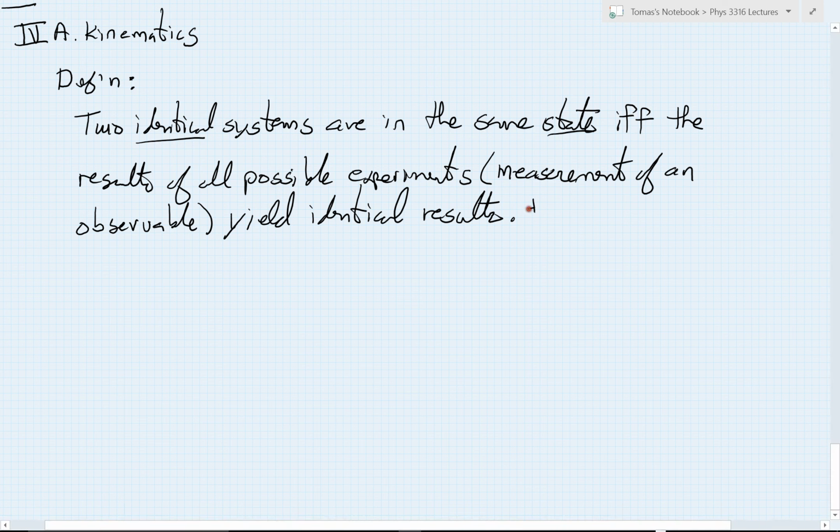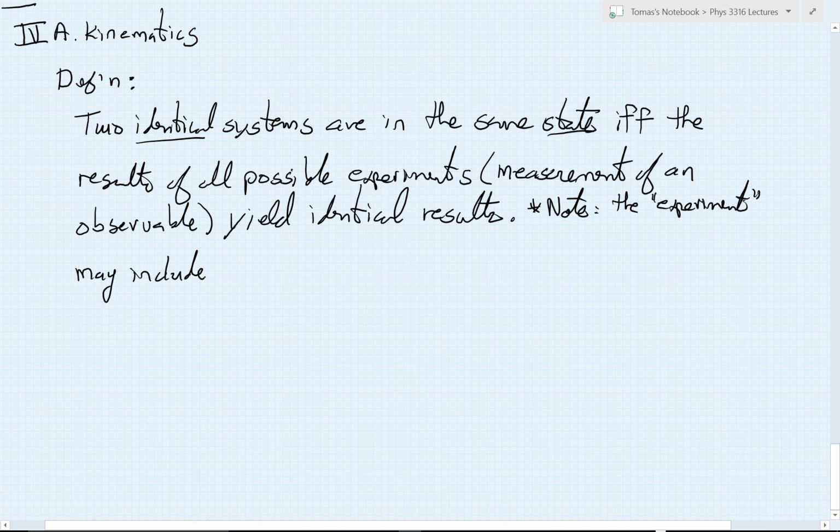Before I get to that, I want to make a note here. I want you to note that the idea of the experiment may include a time delay before the actual measurement.